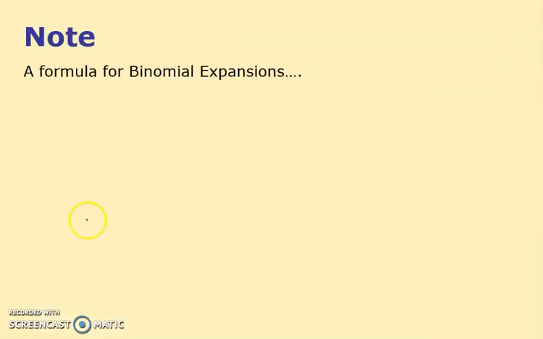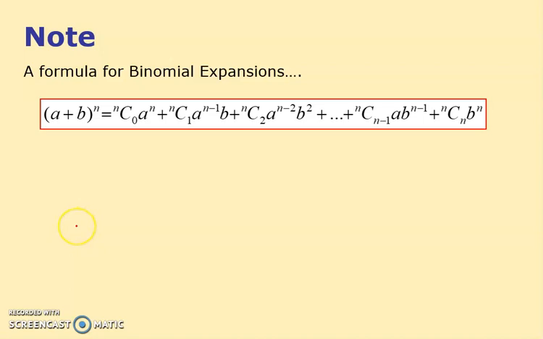So I've got a few questions for us here. Note first of all that there is a formula, a posh formula for this. It's one way of thinking about it, because these binomial coefficients can come from the calculator. You can press the nCr button on your calculator, which is above the divide key on the Casio ClassWiz, and you can pinpoint a particular one.